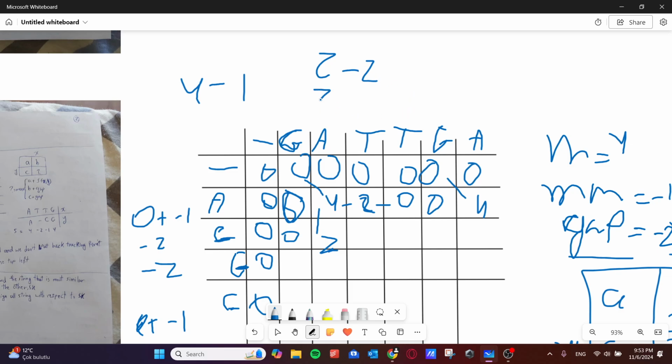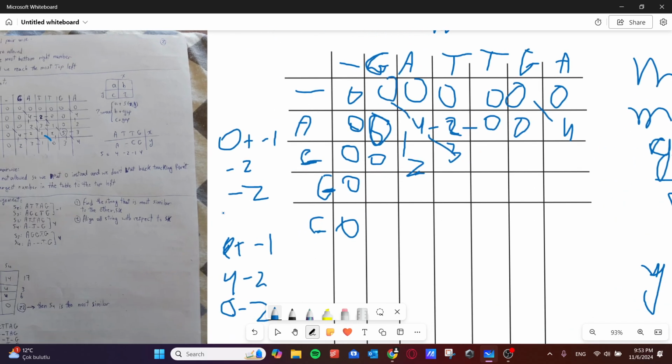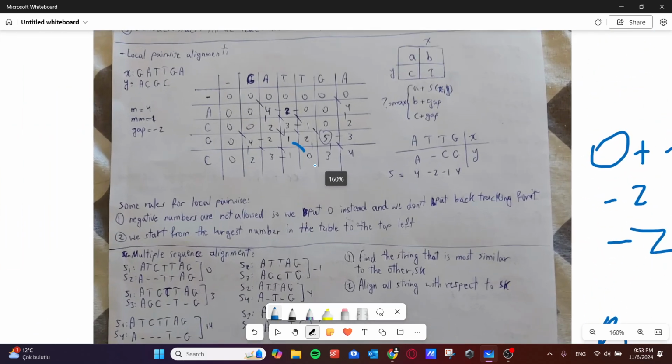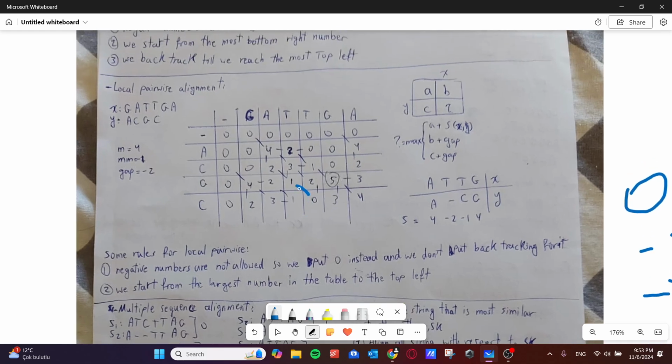And from C, it's 2 minus 2 again. So these are zeros, and this is 3, so it came from the diagonal. Okay, so we continue. Here I missed this, by the way.